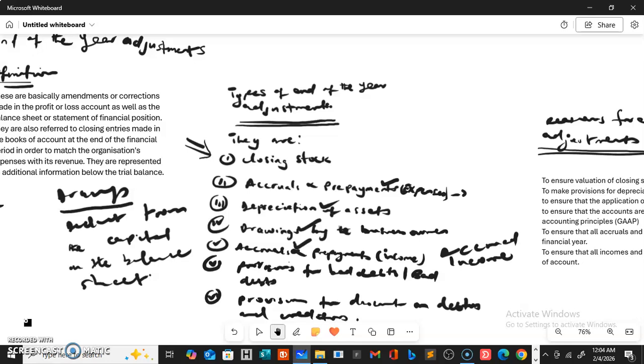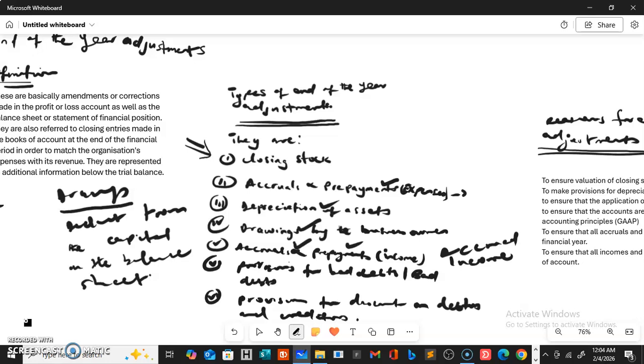In this case, we're going to recognize accrued income as an asset. So what we do is to add it back to the income in the P&L account and also recognize it as a current asset.